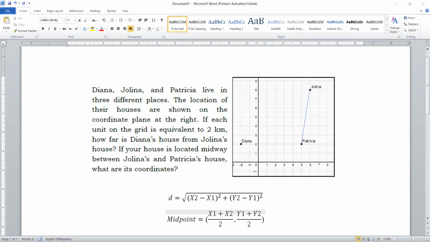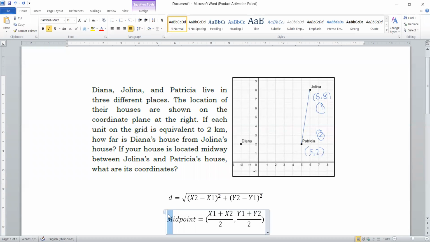So you need to identify the coordinates again. For Jelena, we already know that one, that's 6 and 8. And for Patricia, that's 5 and 2. Again, it doesn't really matter. I just want Jelena to be my point 1 and Patricia to be my point 2.